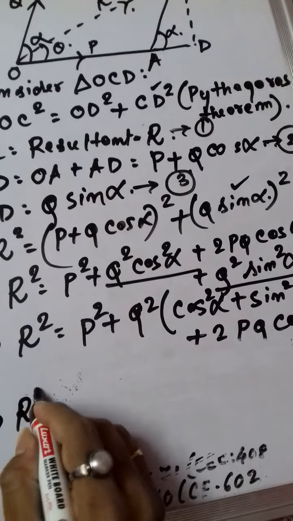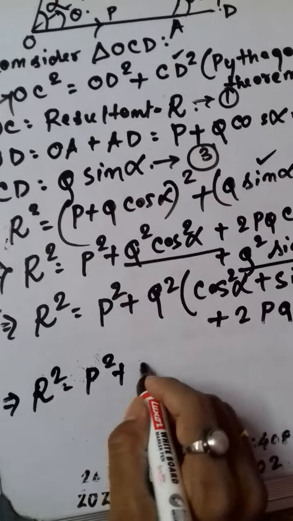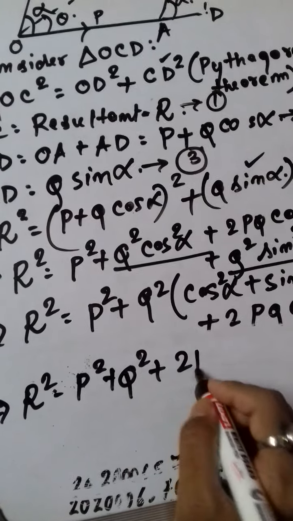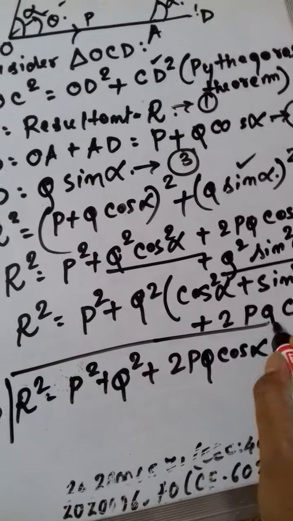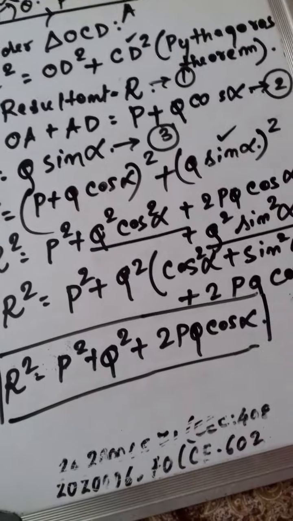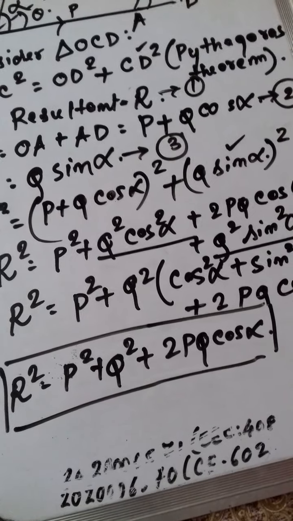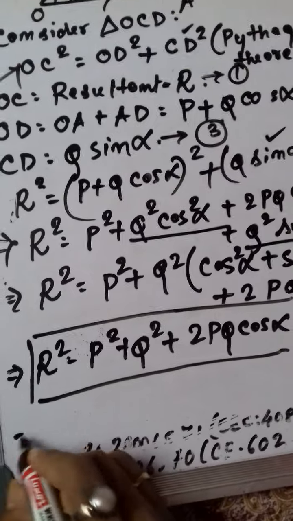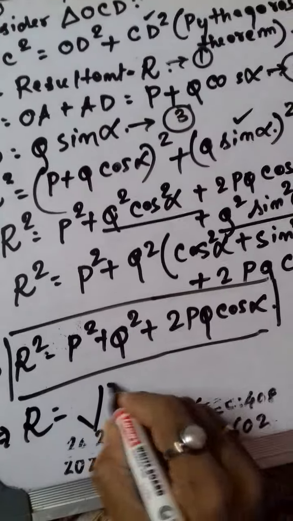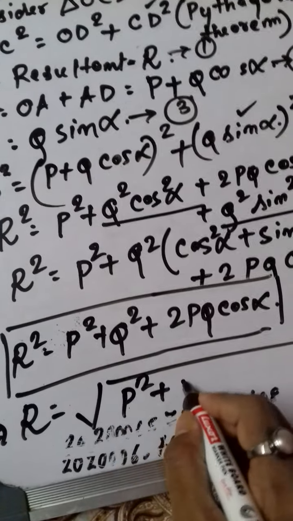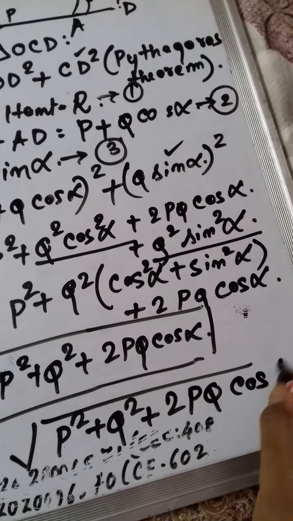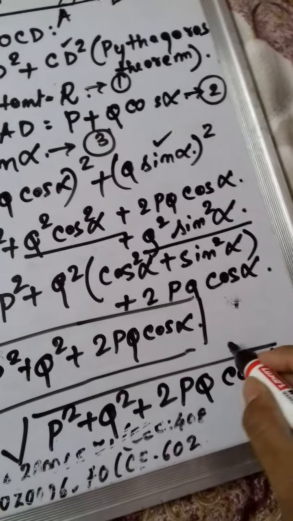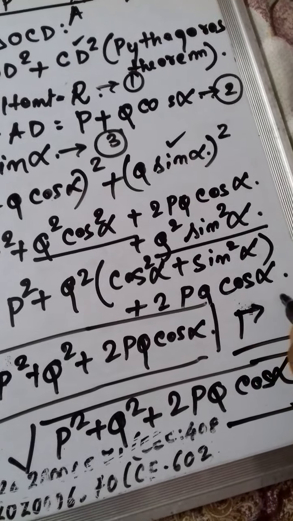So if it is equal to 1, what we can write: R square is equal to P square plus Q square plus 2PQ cos alpha. This we are getting. So the final value of R is root of P square plus Q square plus 2PQ cos alpha. This is the final value of the resultant.